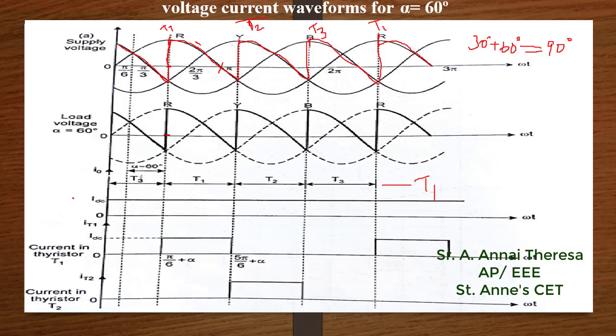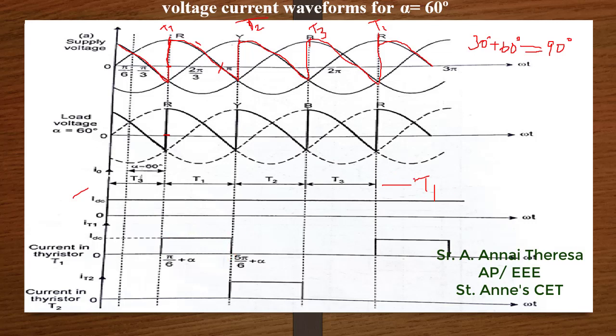Again, as we know, for inductive load there is a continuous flow of current, and the current through the thyristor also you know. Wherever thyristor T1 is conducting, there will be current flow. This is the duration where T1 is conducting, so this is the current waveform.